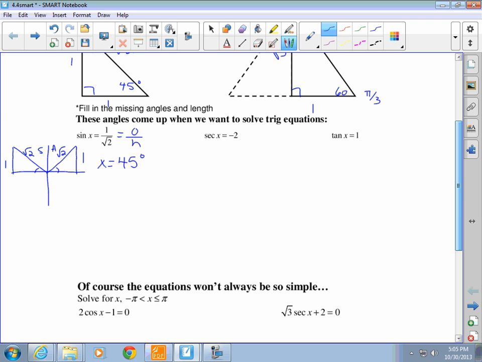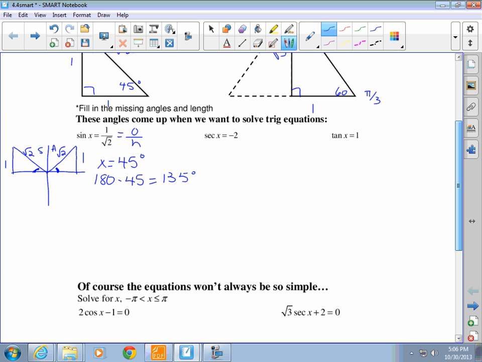But that takes care of this angle in here, and I also need this angle here. Because that's in quadrant 2, I'm going to do 180 minus my 45. So my other angle is 135 degrees.